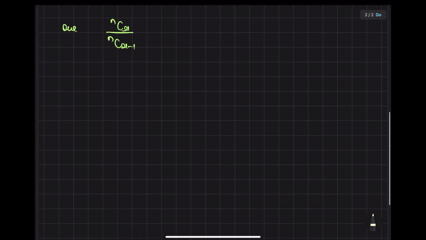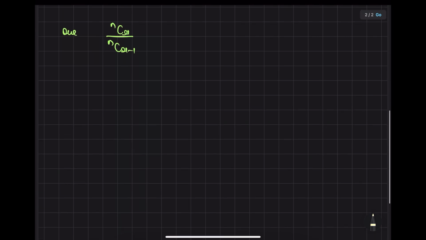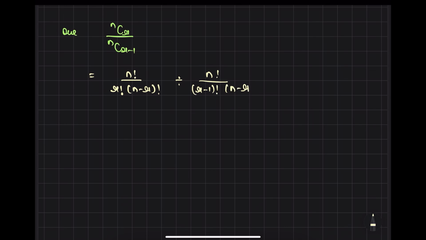Now we have this result. Just observe, need not to memorize, but if you wish to, you can go for it. Okay, and even you can ignore this result as well. Okay, now the idea is, can I write this thing as n factorial by r factorial n minus r factorial divided by n factorial r minus 1 factorial n minus r plus 1 factorial?